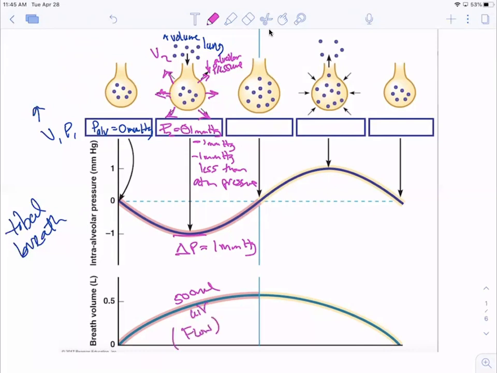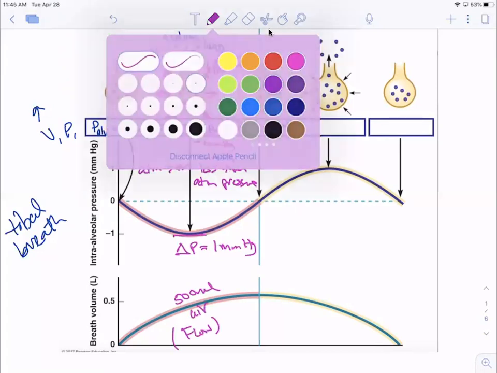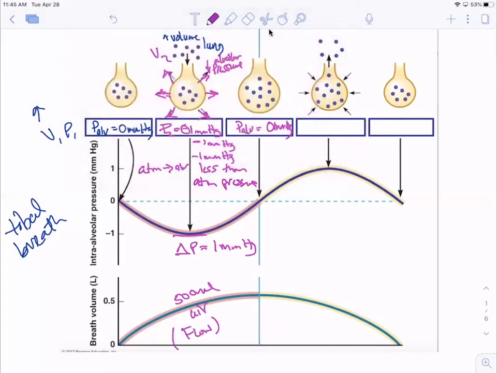Then once you reach equilibrium, it's going to be 0 again because you have air coming in down its pressure gradient, right? Atmosphere is high and it's going into the alveoli, so it reaches 0, and you release the diaphragm. When you stop contracting your diaphragm, that will decrease the thoracic volume.